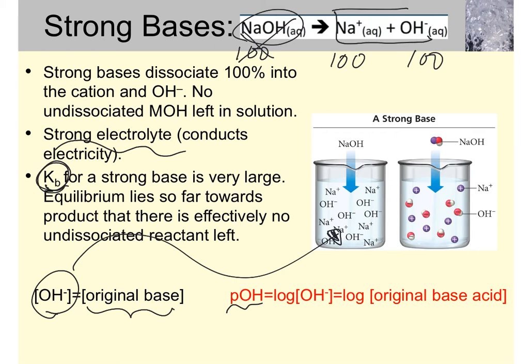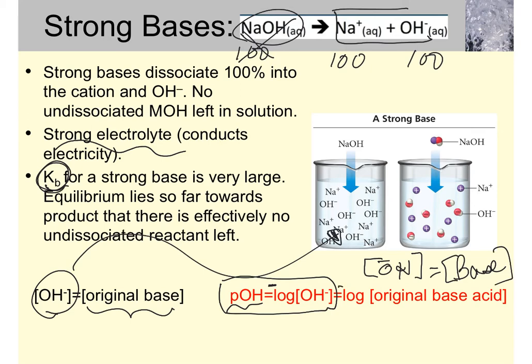And so the formula for pOH, okay, is, I'm forgetting the minus signs there, aren't I? I think I did on the last page too. Minus log of OH concentration. And since the concentration of OH equals the concentration of the original base, the pOH is now simply the minus log of the original base concentration.